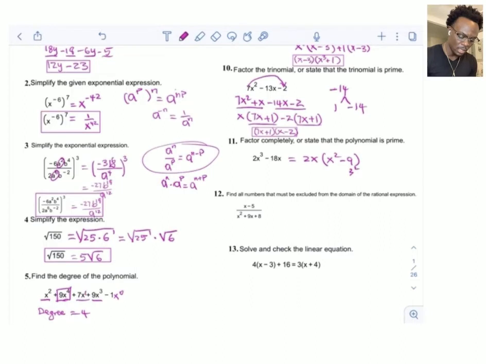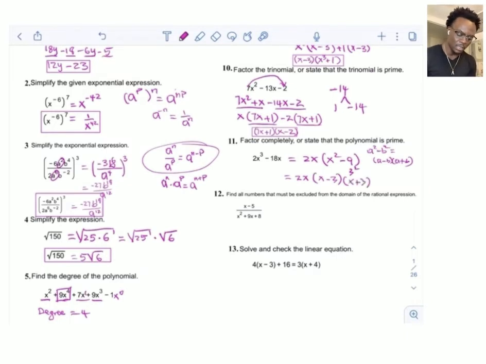So the formula is a squared minus b squared equals a minus b factor a plus b. So that's going to finish my factoring process. 2x stays on the outside, and then x minus 3, because 9 is 3 squared, and x plus 3.